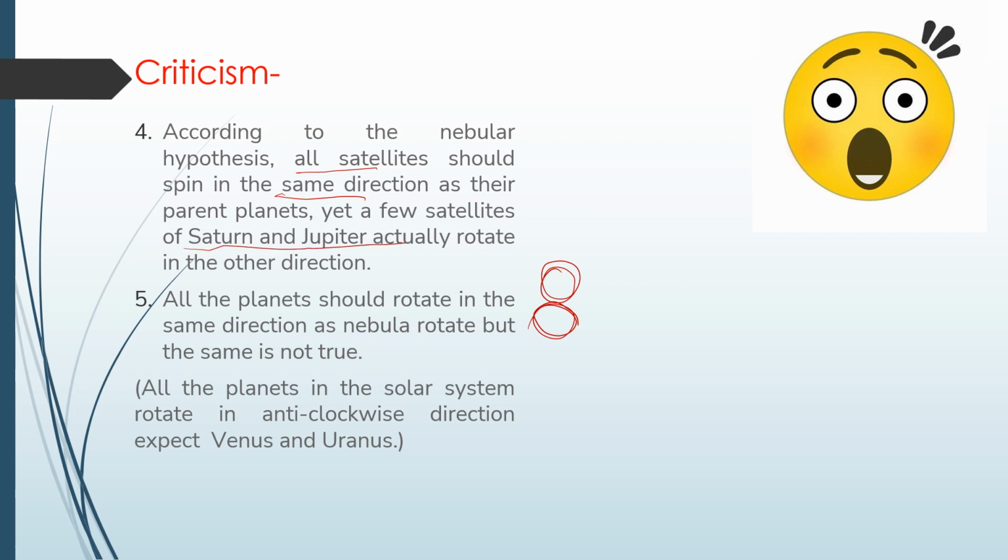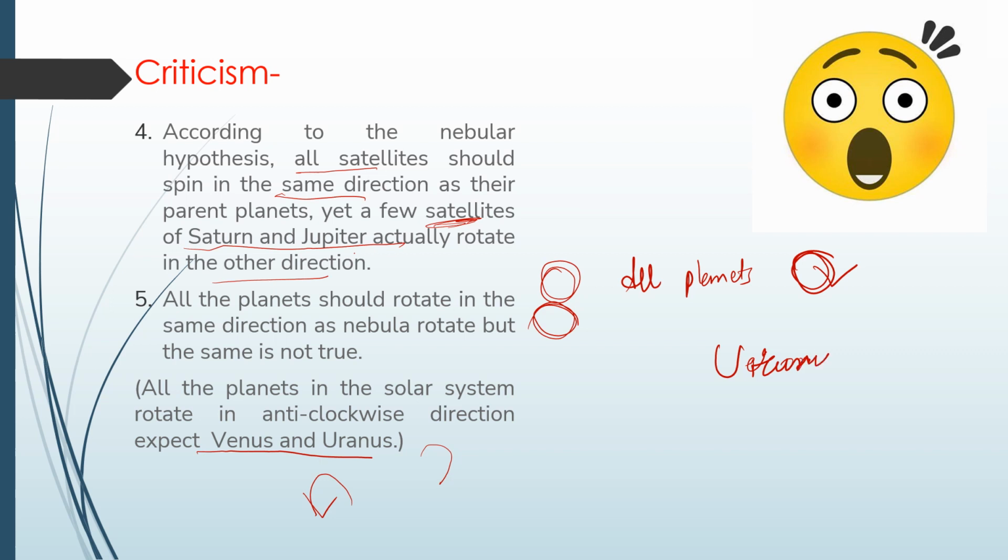Saturn and Jupiter actually rotate in another direction. A few satellites of Saturn and Jupiter are moving in another direction, and Venus and Uranus are also moving differently. So remember it: most planets move in one direction, while Uranus and Venus move in the opposite direction.